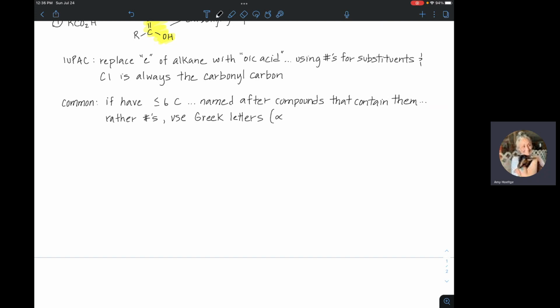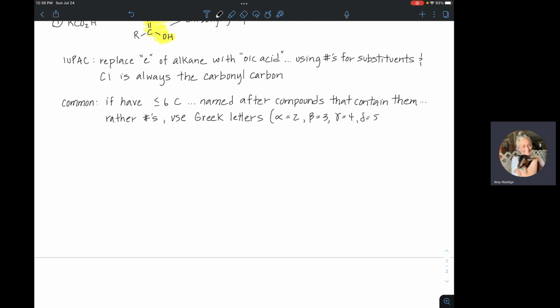So alpha would be the first carbon after the carbonyl carbon. So carbonyl carbon is always number 1. Carbon number 2, using common nomenclature, would be alpha. So that's going to be carbon number 2. Beta would be the third carbon. Gamma is 4.